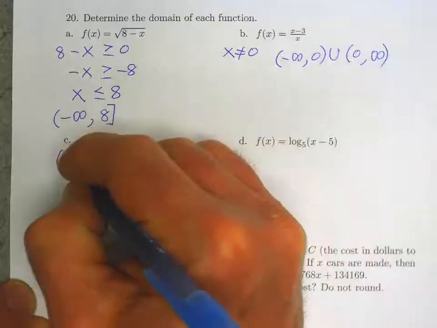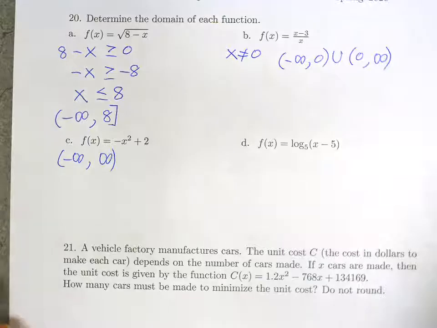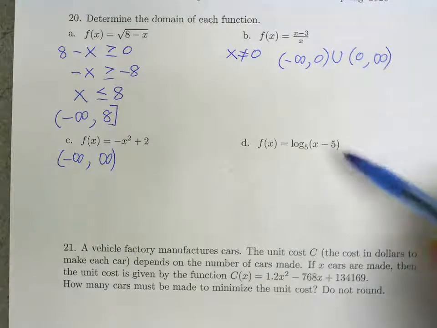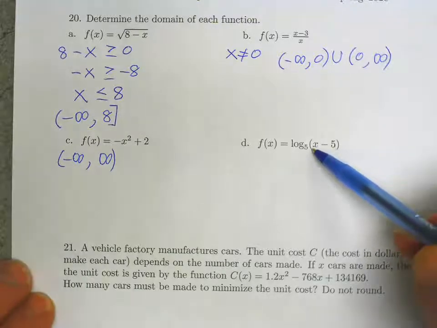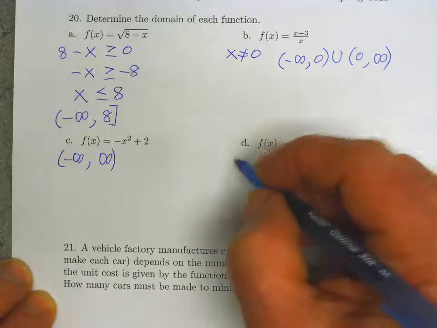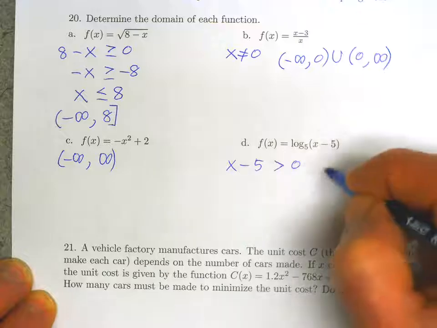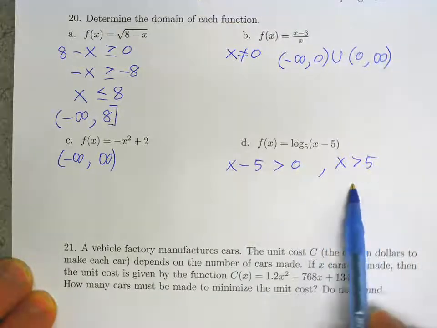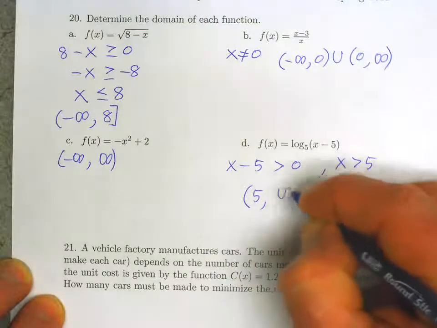So -infinity to infinity is the domain. And then part D is a logarithmic function. Remember that arguments of logarithms must be positive. So that means x minus 5 must be greater than 0, or x is greater than 5. And then the interval notation for x greater than 5 is parenthesis 5, comma infinity.